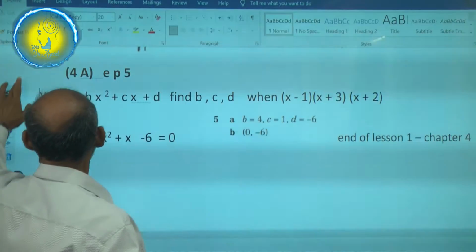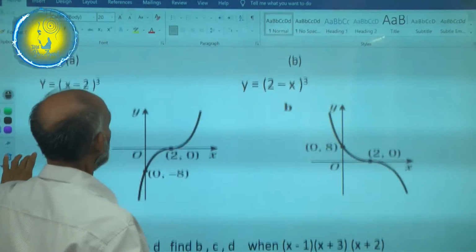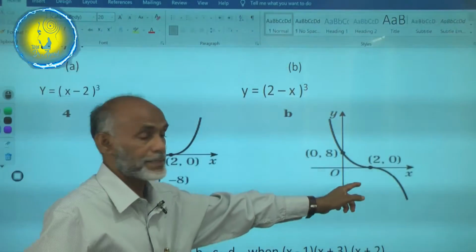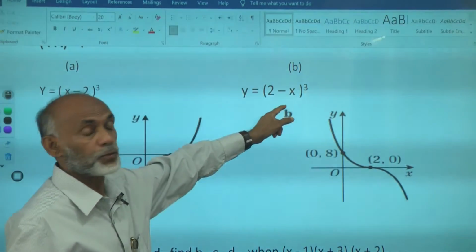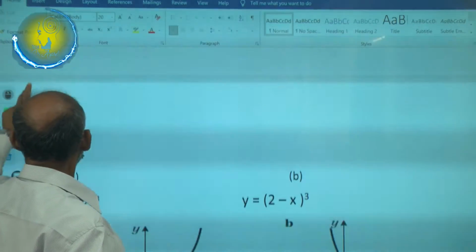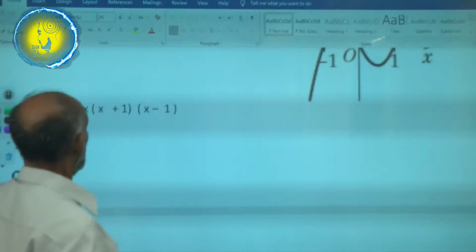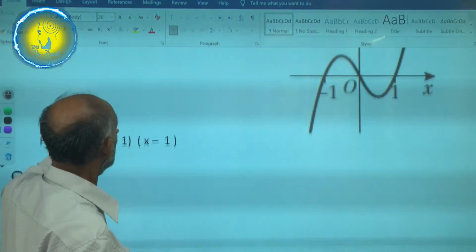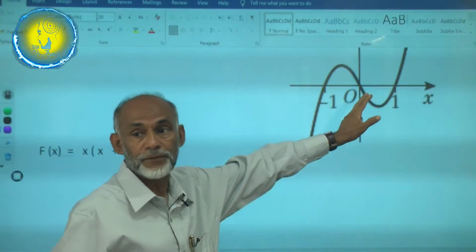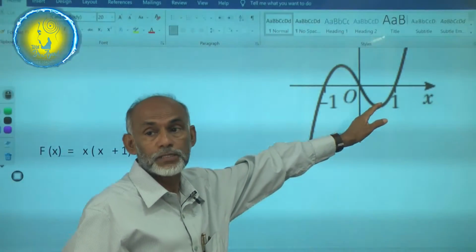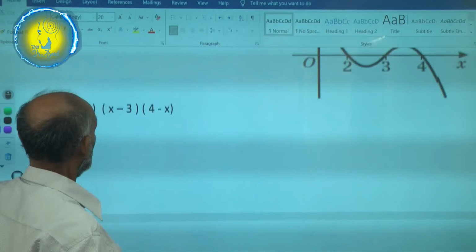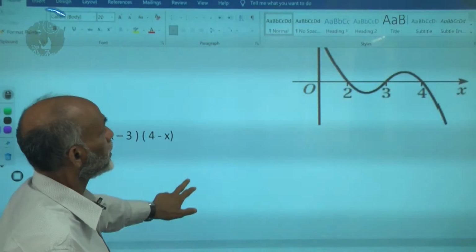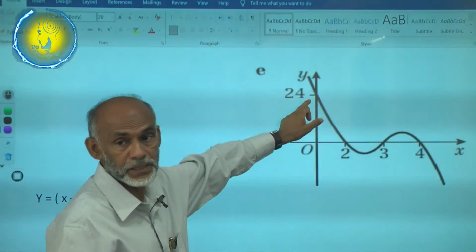Also we learned the roots on the x-axis where the curve cuts, and the repeating roots also. Also we learned how the factors affect the graph. From the factors you will be able to identify the x intercepts. And also we learned that from the factors you will be able to identify the y-intercept.